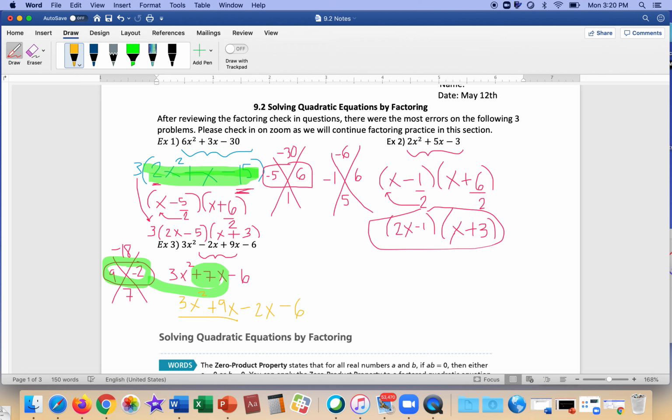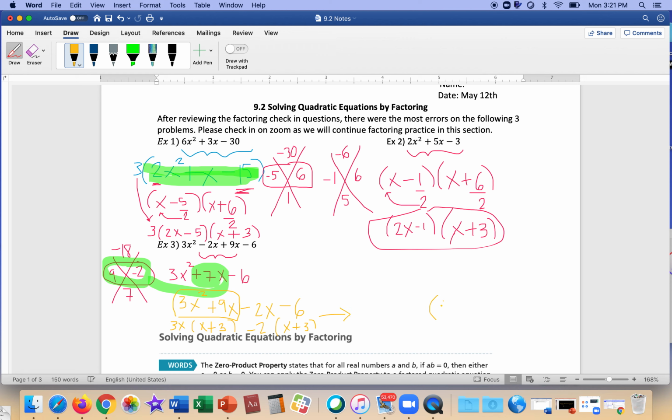So you're grouping, right? So our GCF is 3x. And we're left with x plus 3. Over here, if we take out a negative 2, we're left with x plus 3. Now notice, both of these sets, 3x times x plus 3 and negative 2 times x plus 3, both have an x plus 3 in common.